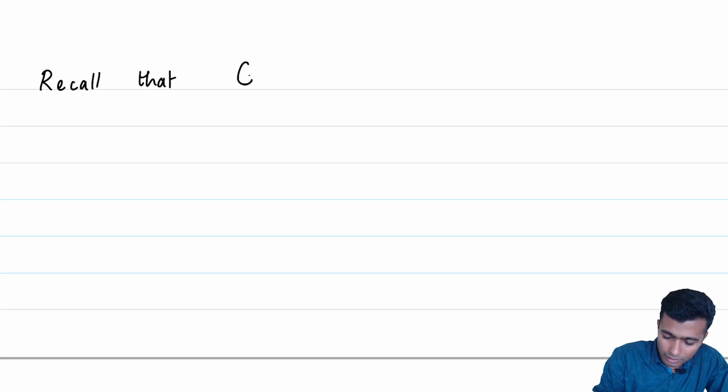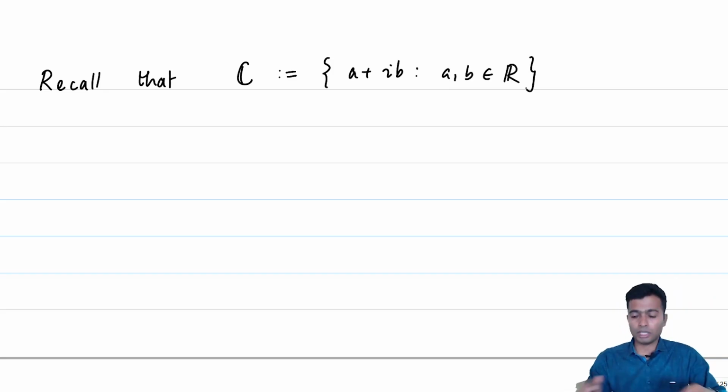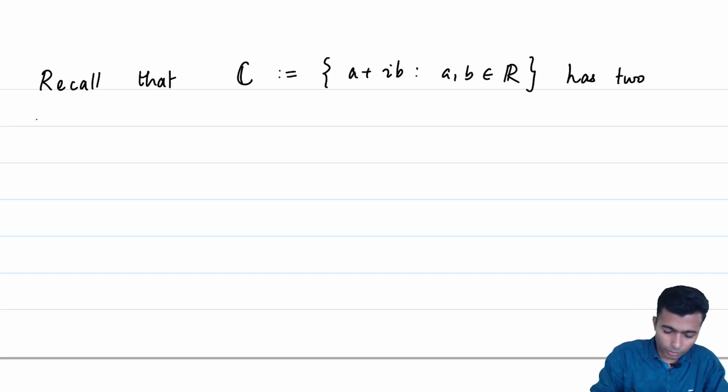Recall that C is the set of all elements of the type a plus ib, where a and b are real numbers. So C comes with a natural notion of addition and multiplication. So it has two operations.